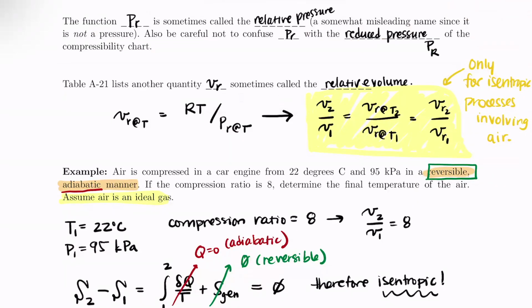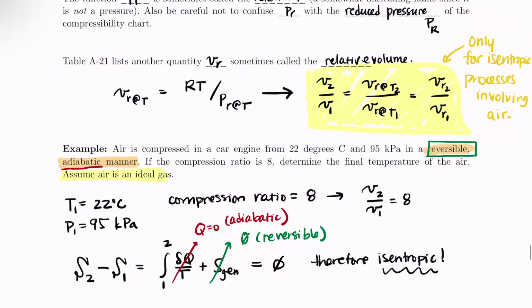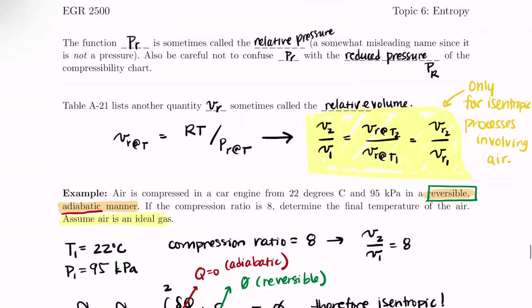And we are looking for temperature. So we want to solve for either PR2 or VR2, and we're going to use the tables to interpolate for the temperature because those quantities only depend on temperature.